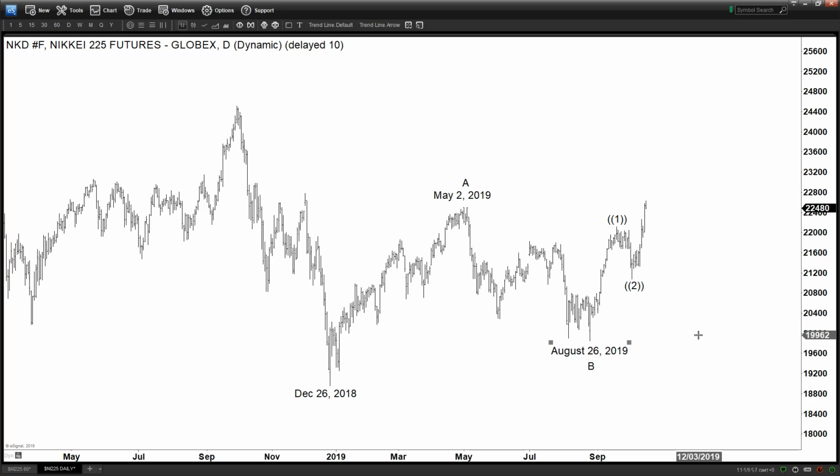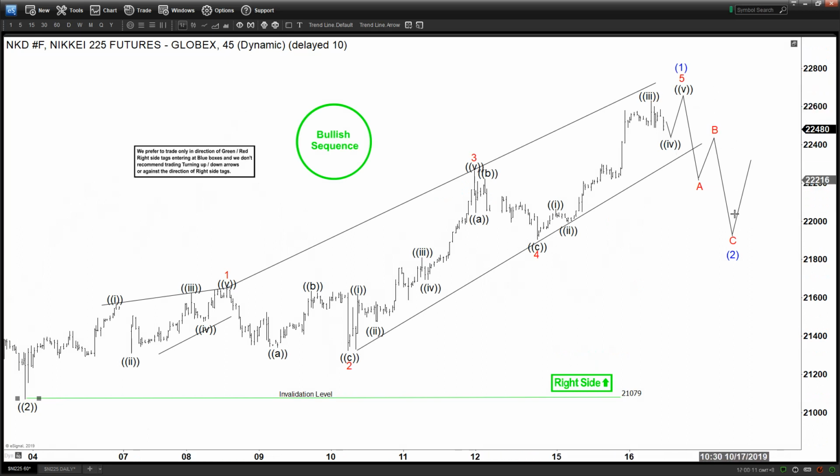It's all about execution, and it's all about the risk management that will protect us. So in this case, what we see so far is that it looks like the bulls are in control right now, and therefore in the case of the Nikkei at least, we are looking for more upside here as long as the pullback stays above 21,079.